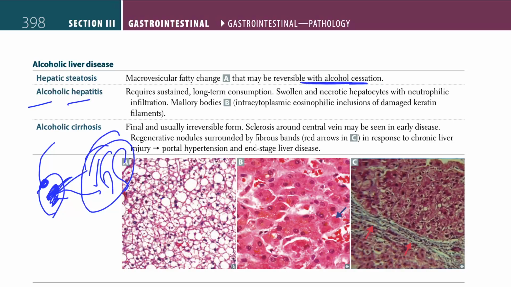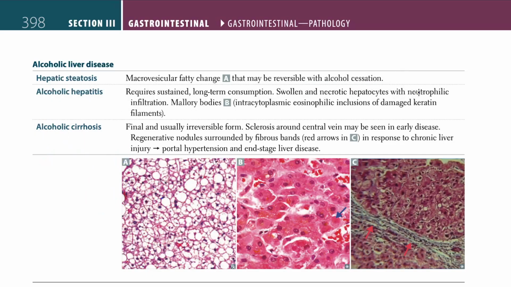Now let's talk about alcoholic hepatitis. It requires sustained long-term consumption. It shows swollen and necrotic hepatocytes with neutrophilic infiltration and Mallory bodies, which are intracytoplasmic eosinophilic inclusions of damaged keratin filaments.